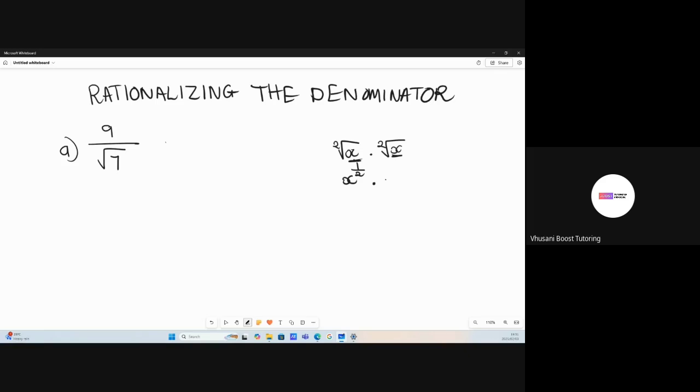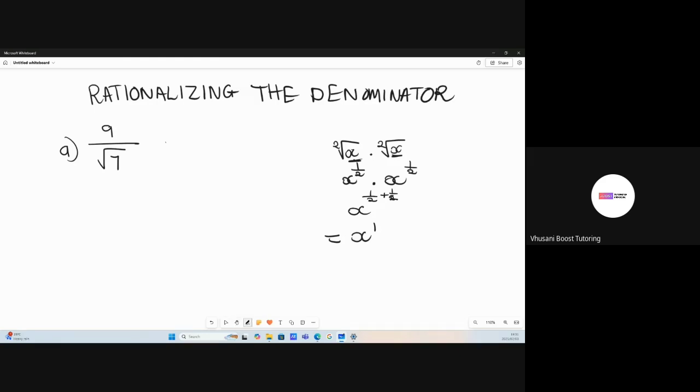When they multiply with each other, we keep one base and we add the exponents. So we have 1 over 2 plus 1 over 2, and as you can see, it will be x to the power of 1. We have actually gotten rid of the root in the denominator.